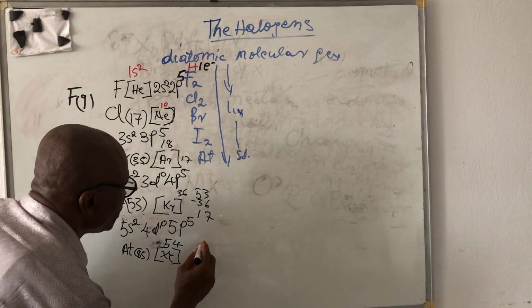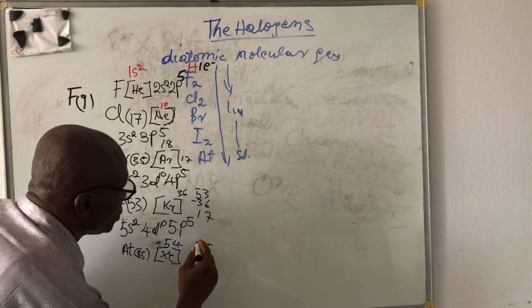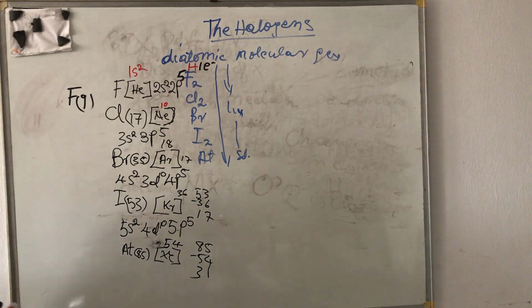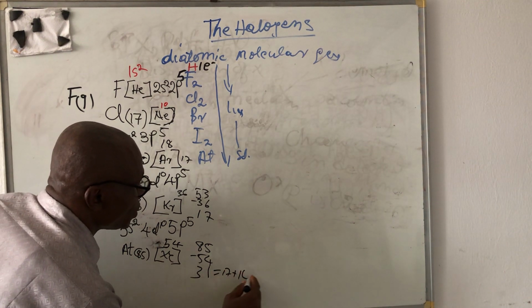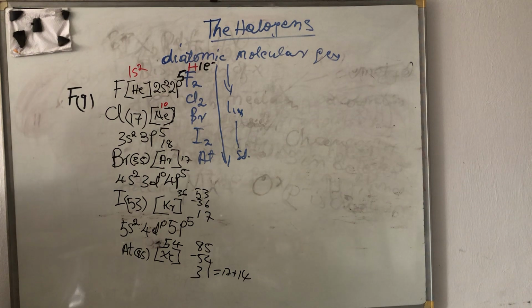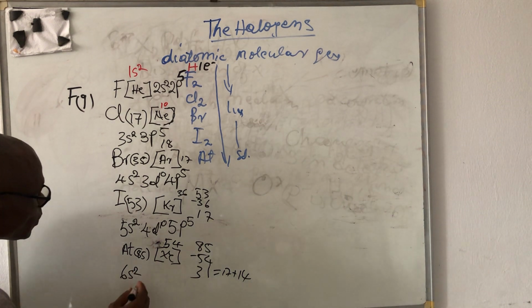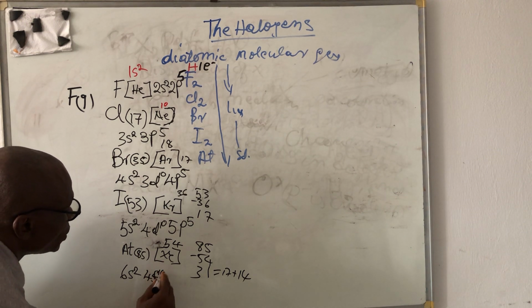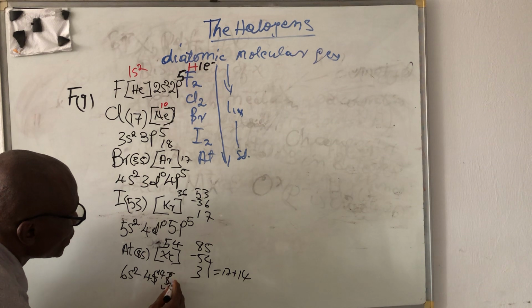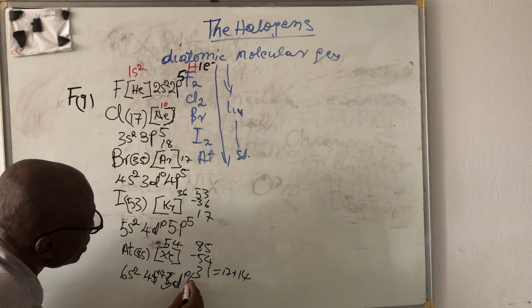If you subtract 54 from 85, you get 31. 31 is the same thing as 17 plus 14. That clearly tells you that the f will come in there. So you have 6s2, 4f14, 5d10, 6p5.